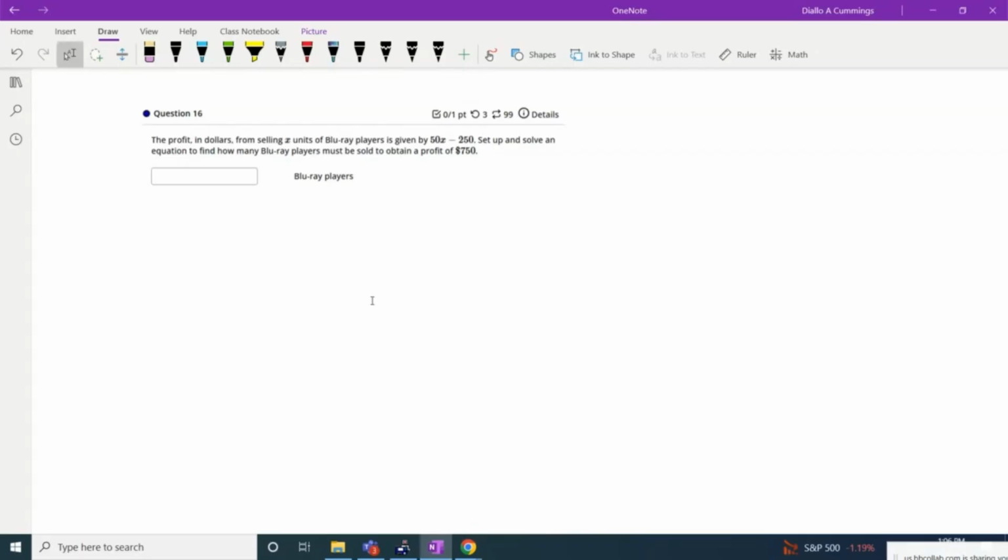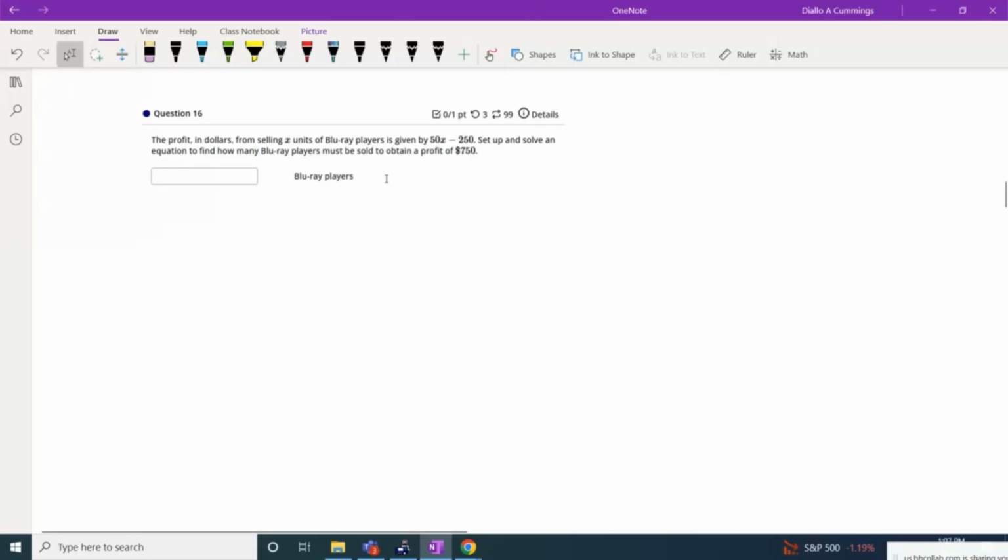So it says a profit in dollars from selling x units of Blu-ray players is given by this expression, 50x minus 250. We're asked to set up and solve an equation to find how many Blu-ray players must be sold to obtain a profit of $750.